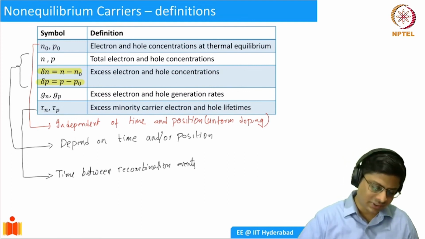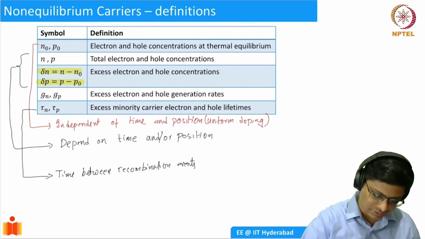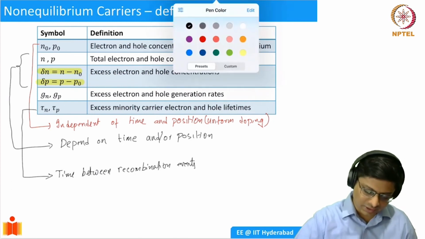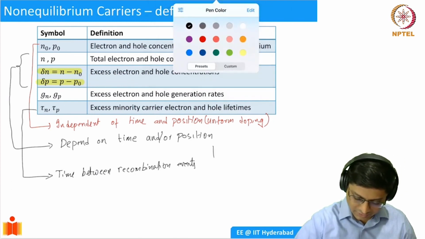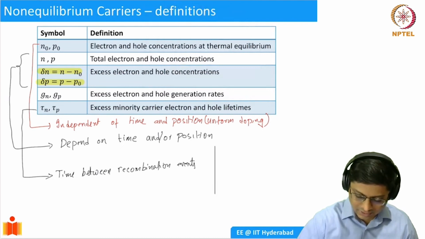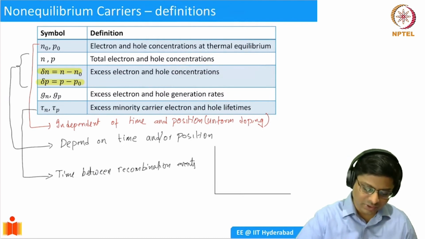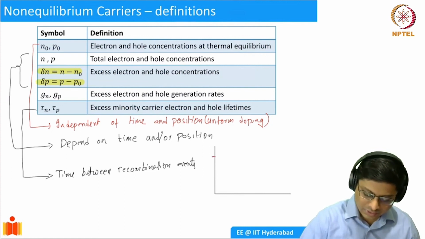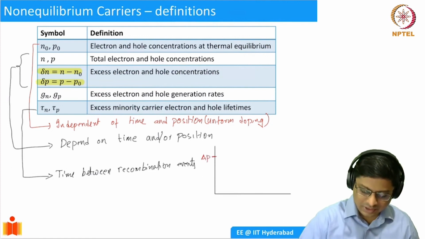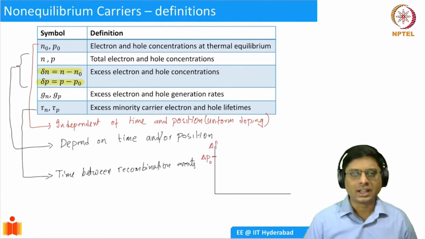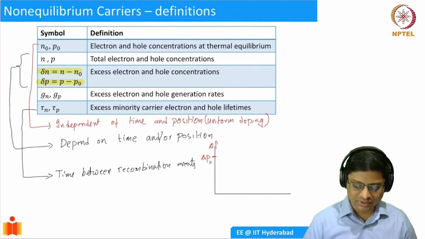What this means is, we could try to plot it. We will see it again, but for now to give you an idea, let's say I have a semiconductor and somehow I introduced excess minority carriers. I'm plotting only the excess, delta P. At time t equal to 0, I have a delta P naught, which is introduced.